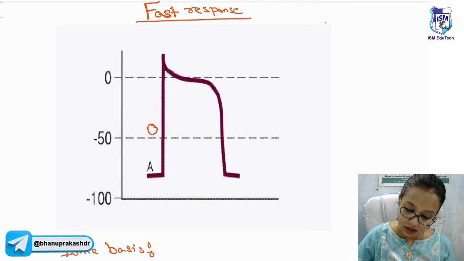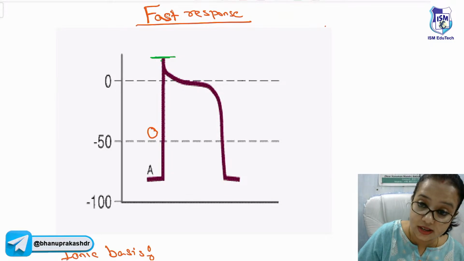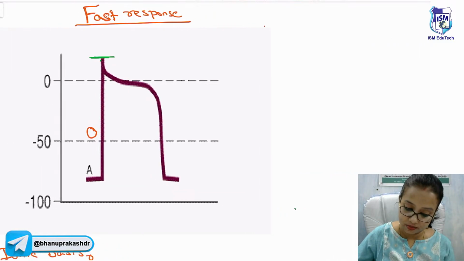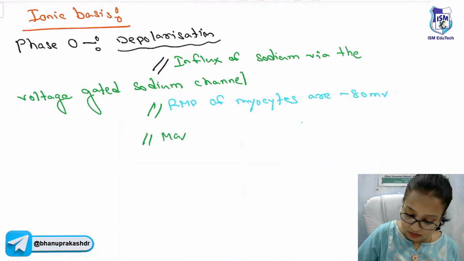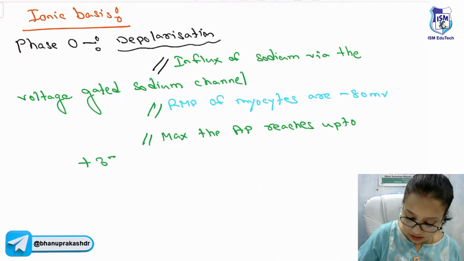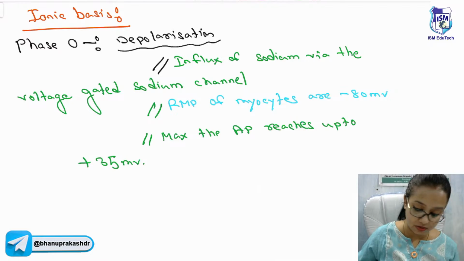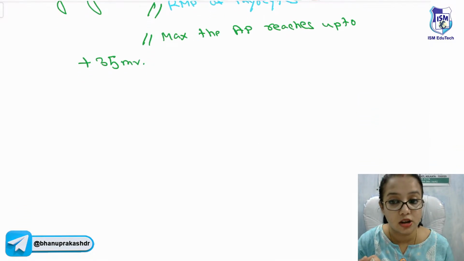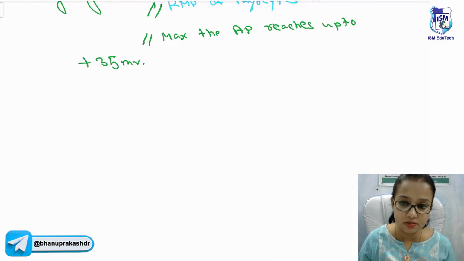If you look at the graph, you will see the maximum point that this phase 0 has reached: the action potential reaches up to plus 35 millivolts. So here you see the ionic basis, and the reason for the wave of depolarization is pretty much the same as that of the nerve fiber and the skeletal muscle that we have studied, right? It is pretty much the same.